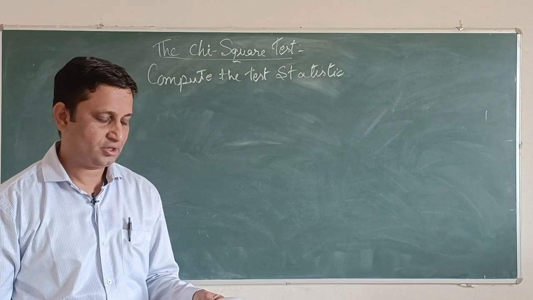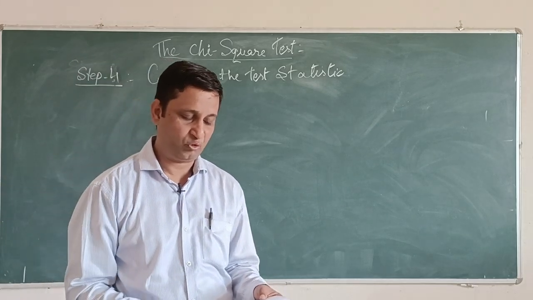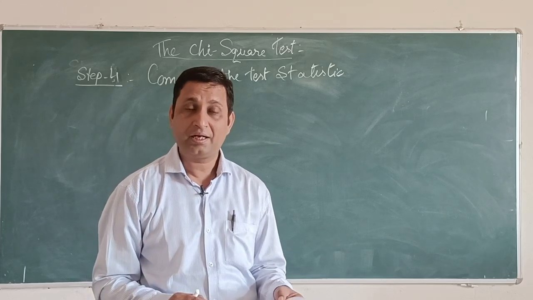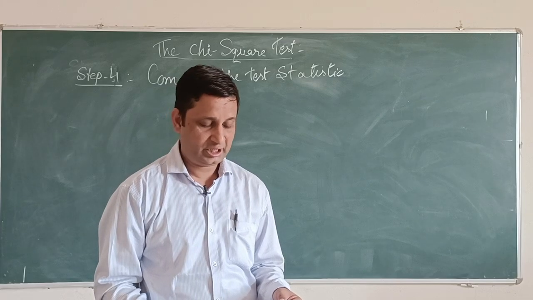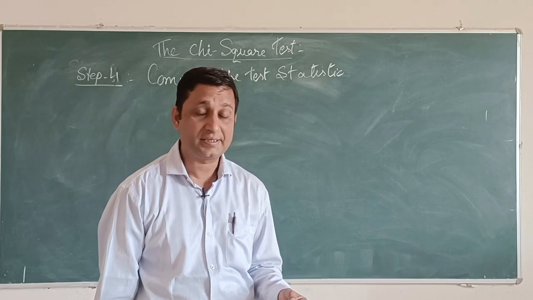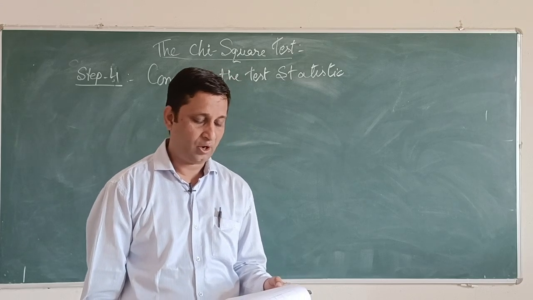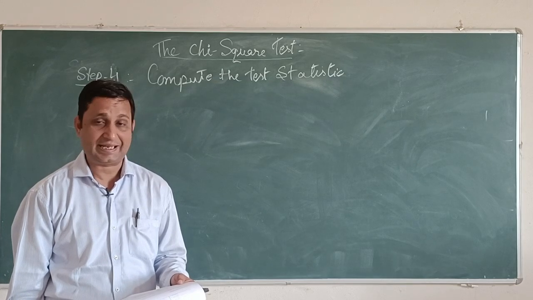This test statistic is used to determine whether the difference between the observed and expected values is statistically significant. The G-square statistic is a measure of how far the observed counts are from the expected counts.